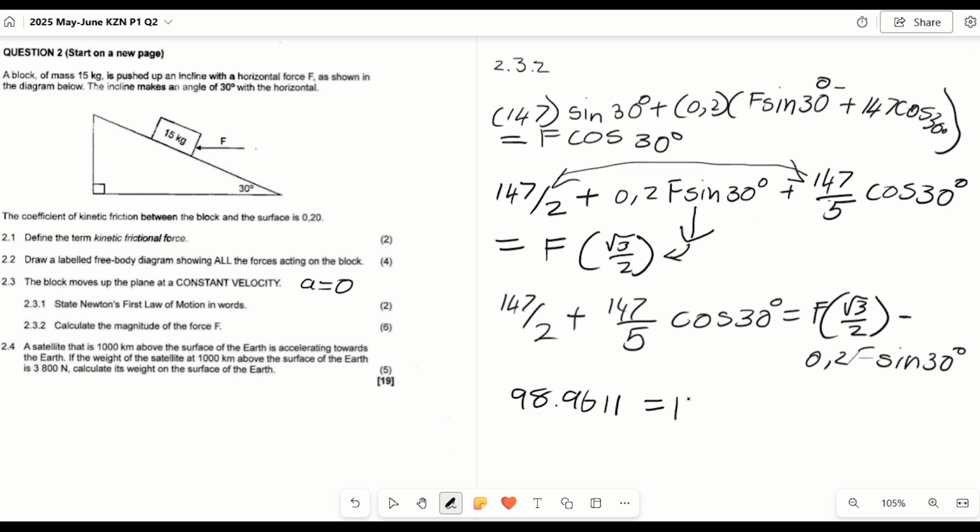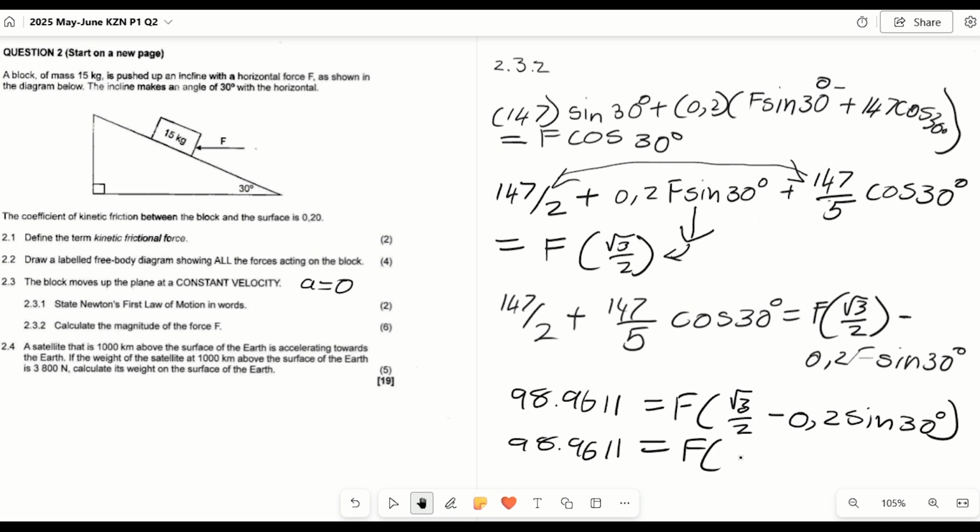And then here we can factor out F and have root 3 over 2 minus 0.2 sine 30 degrees, which on that side of the equation will give us, let's work it out with the calculator, root 3 over 2 minus 0.2 sine 30 degrees. That gives me 0.7660.